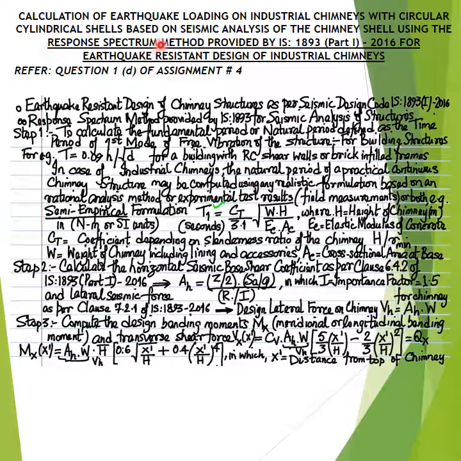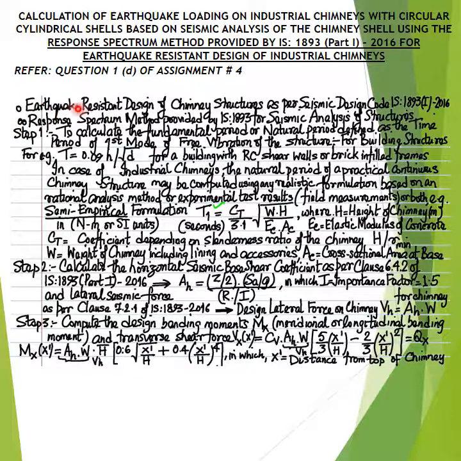Proceeding with the calculation of earthquake loads acting on industrial chimney structures for the purposes of earthquake resistant design of industrial chimneys in accordance with the Indian Seismic Design Code IS 1893 Part 1 2016, that is the Indian Standard Code of Design Practice for earthquake resistant design of structures.